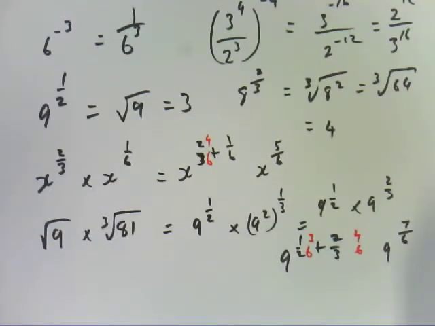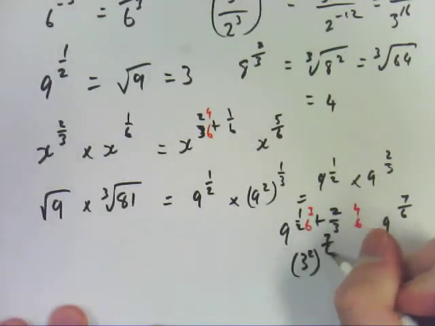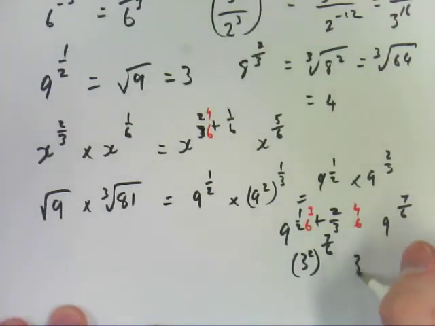You can go even further, because what's 9? 3 squared to the 7/6. Which is 3 to the 14 over 6, which is 3 to the 7 over 3.